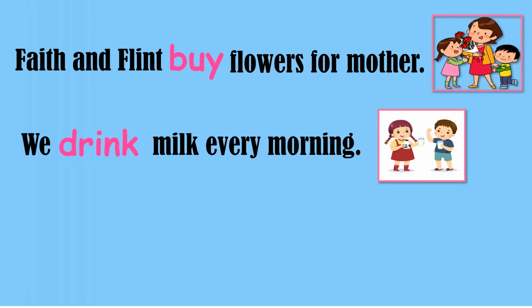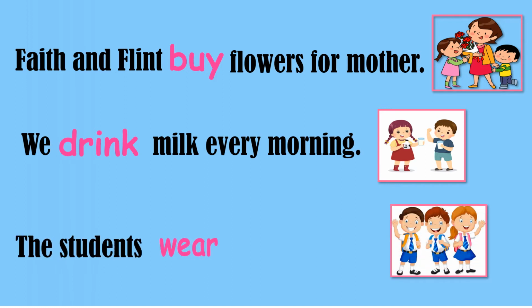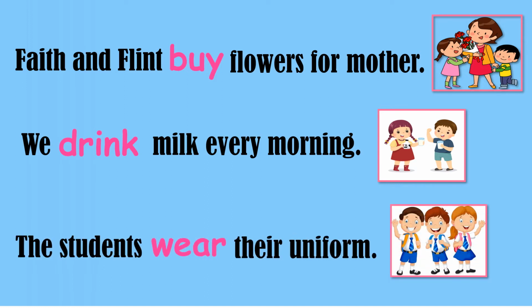We drink milk every morning. The students wear their uniform. For the verbs, we did not add s or es. We leave them as is because the subjects in the sentences are plural.